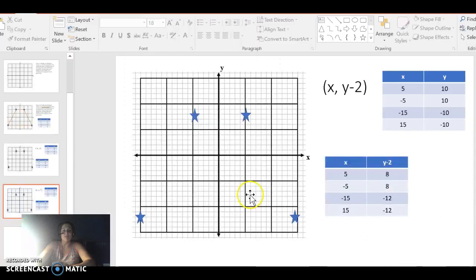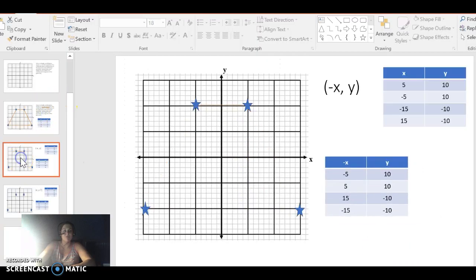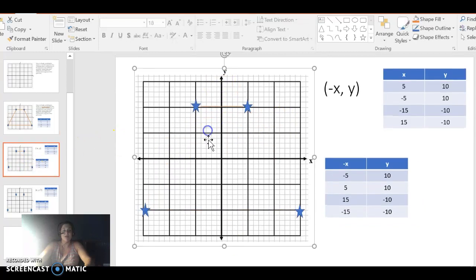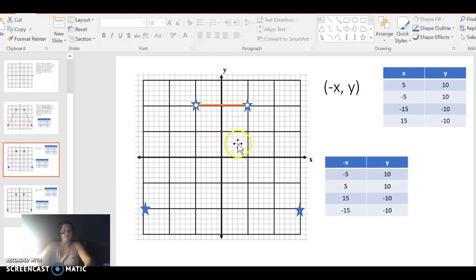Oops, let's go back to the presentation. The first transformation we did, these 2 shapes were congruent, right? So you could say that when you reflected over the y-axis, it stayed the same. It could move around and still be congruent, right? Even when we shifted it, it stayed the same shape and the same size.